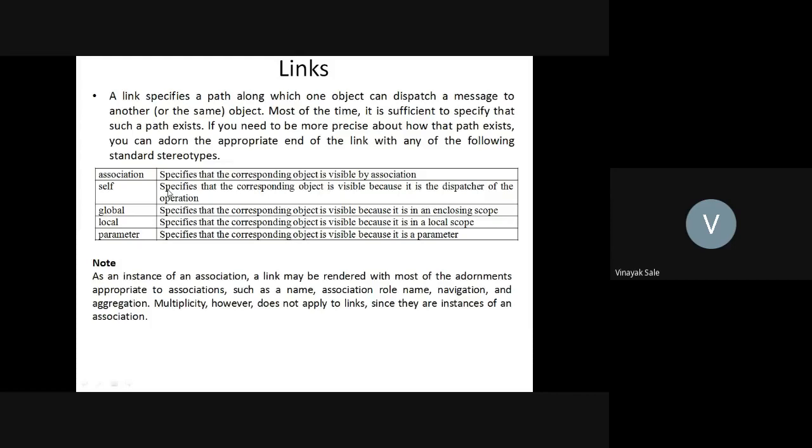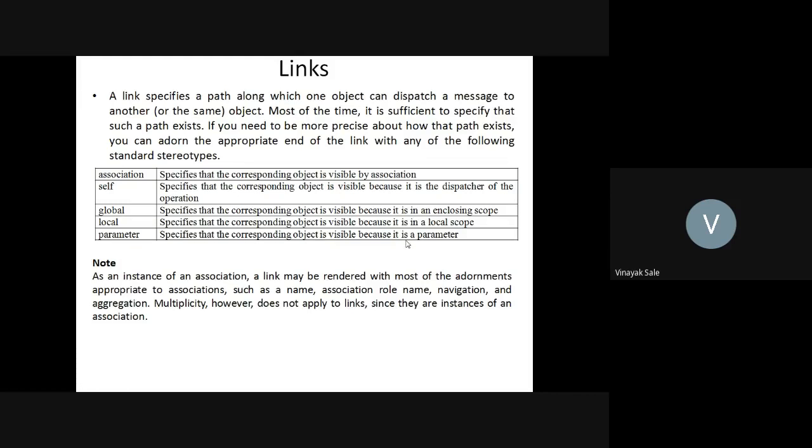Self specifies that the corresponding object is visible because it is the dispatcher of the operation. Global specifies the corresponding object is visible because it is in an enclosing scope. Local specifies the corresponding object is visible because it is in a local scope. Parameter specifies the corresponding object is visible because it is a parameter.